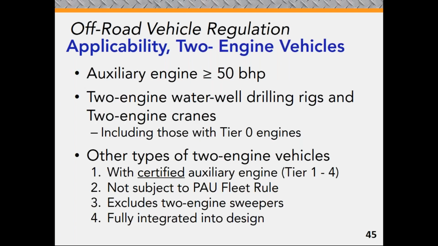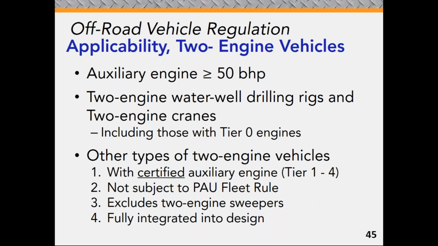For other two-engine vehicles, these are the criteria that your vehicle has to meet in order to be considered off-road under the regulation. The first is that the auxiliary engine has to be at least 50 horsepower. The second is that the engine has to be certified, so no tier 0 engines in this case are eligible.